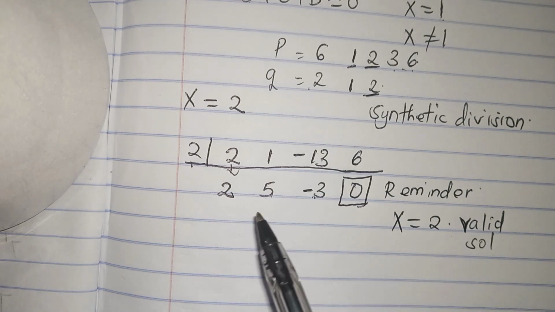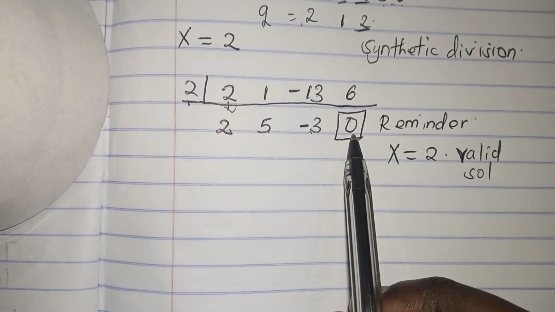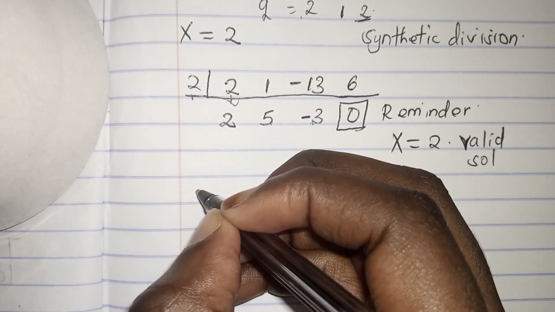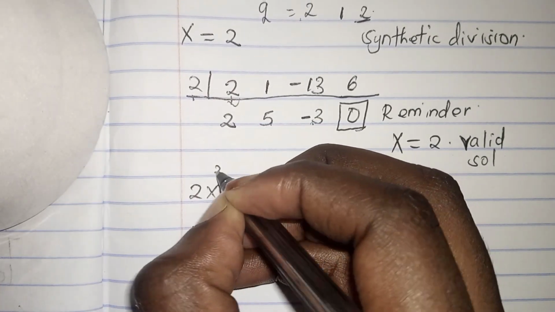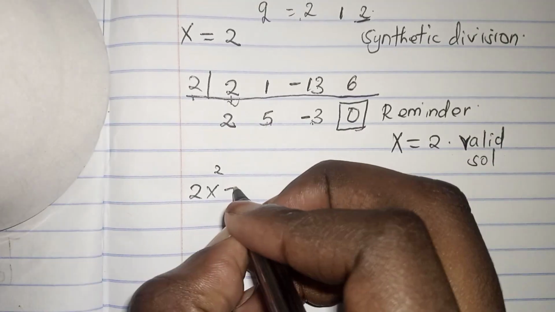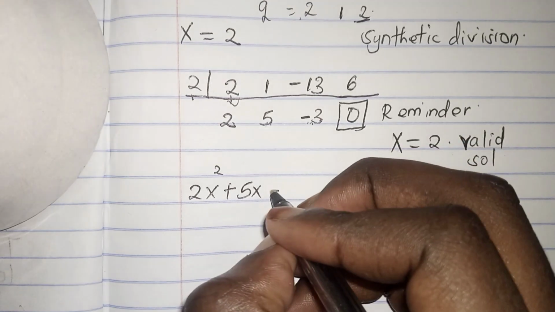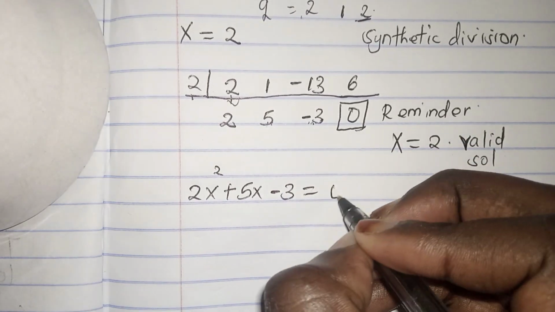Let us now take these as our coefficients and form a quadratic equation. Thereby, 2x squared plus 5x minus 3 is equal to 0.